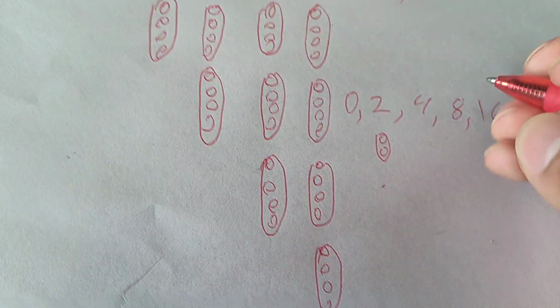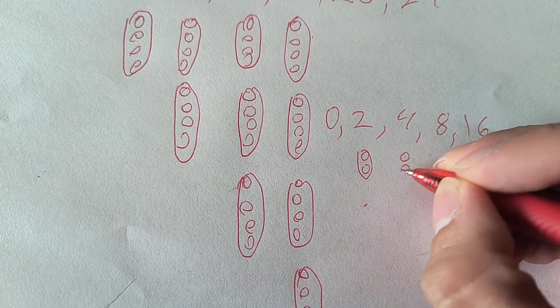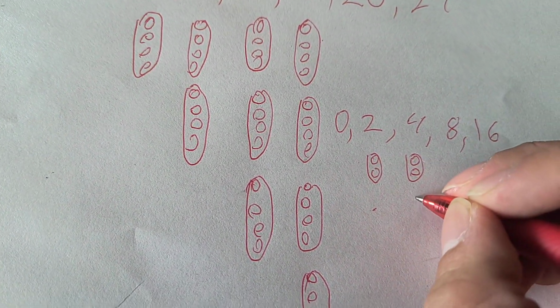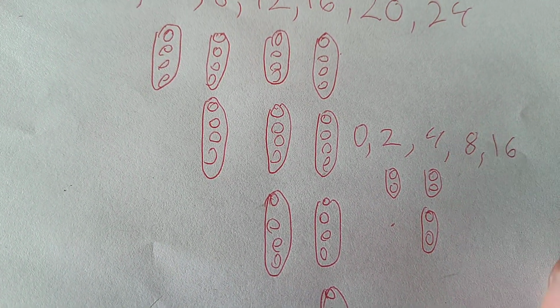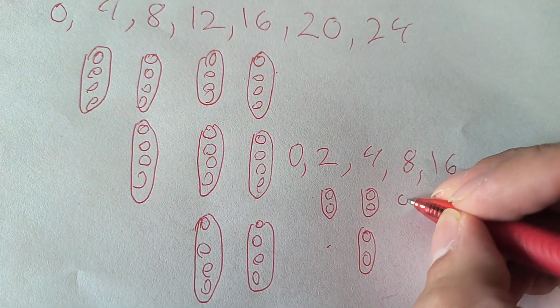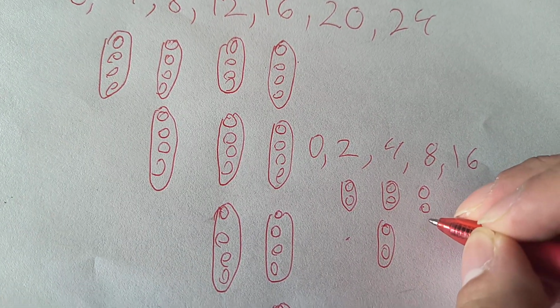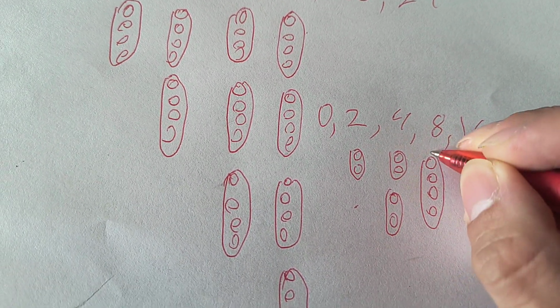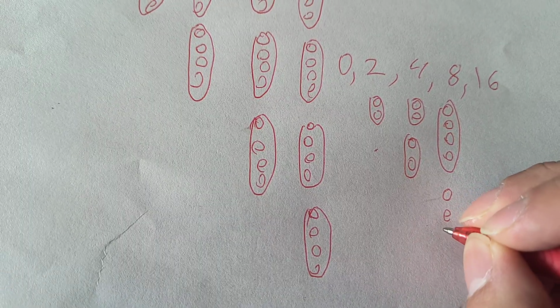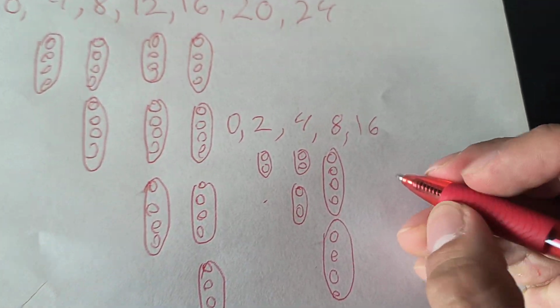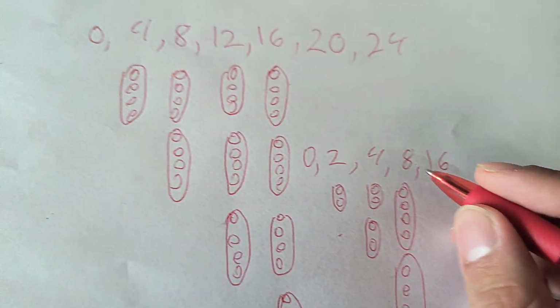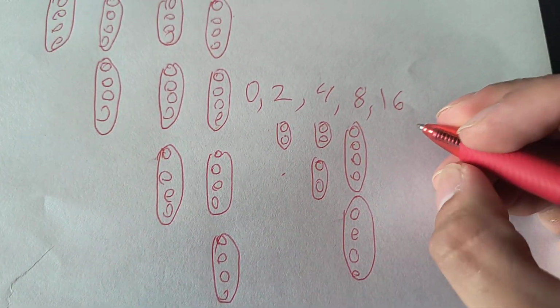And then we added 2 more to 2, so that we could get 4. And then we seem to add 4 to the 4 to get 8. And then we add 8 to the 8 to get 16.